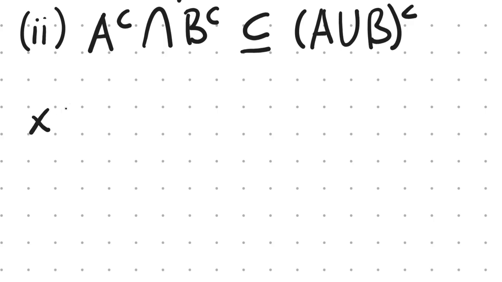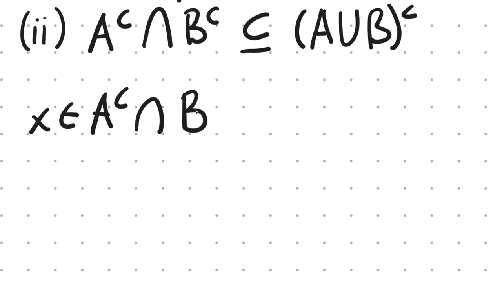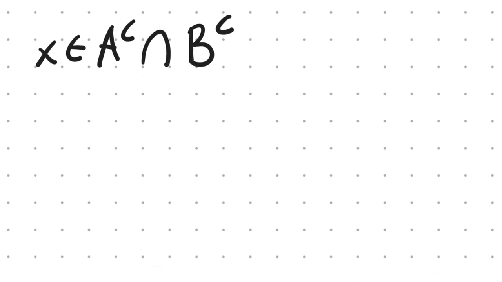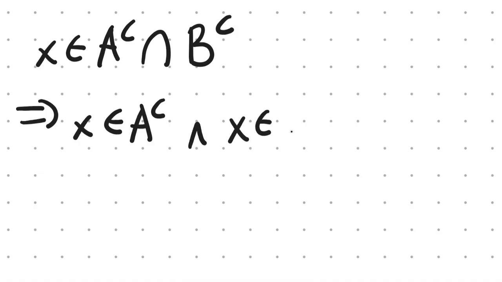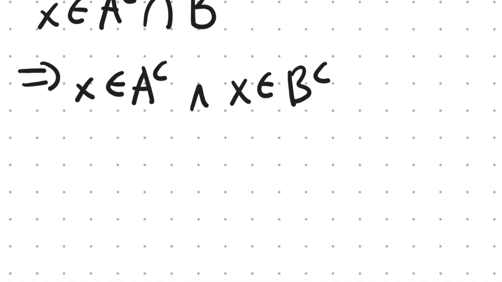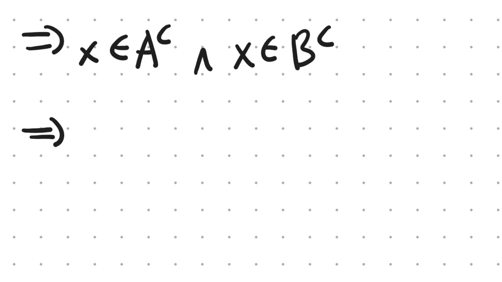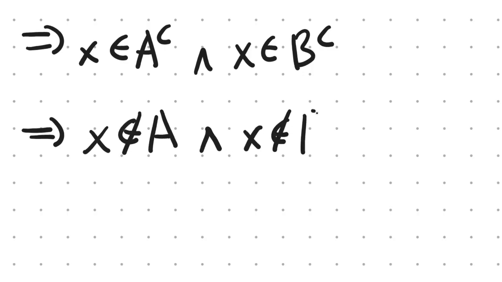So let X be an element of A complement intersecting B complement, which would imply that X is an element of A complement and X is an element of B complement, which would also automatically say that X is not in A and X is not in B.